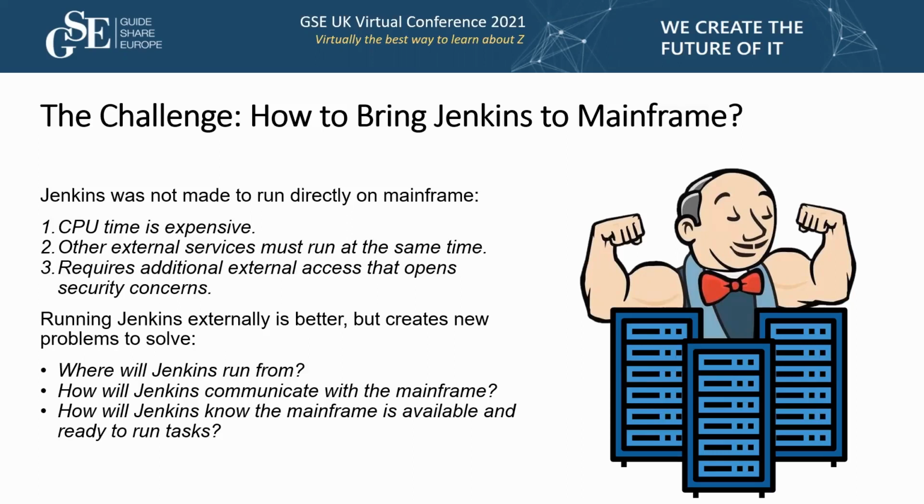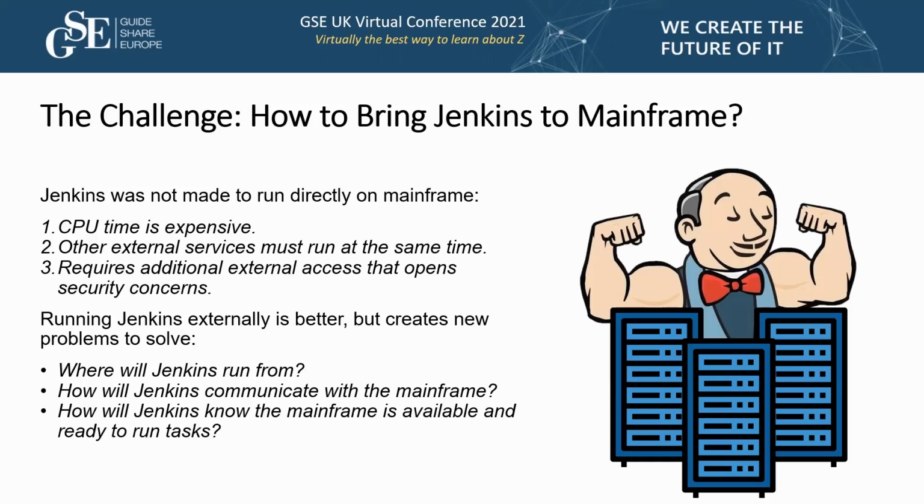And the worst method is to run Jenkins directly on mainframe. It wasn't built to be mainframe native, and it doesn't run very well when it's run directly on a mainframe. Specifically, it requires a lot of very expensive CPU time. Other external services need to be available at the same time as Jenkins, and you must find somewhere to keep them.